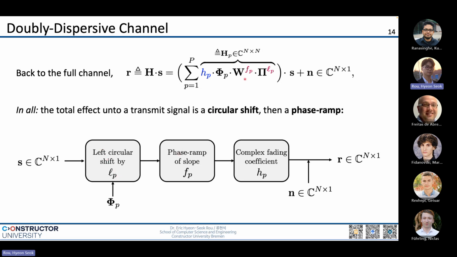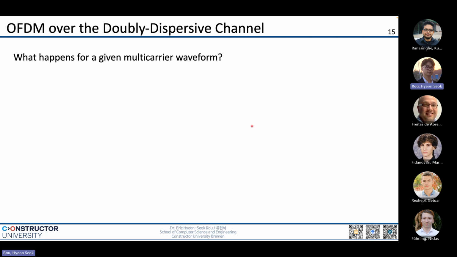This phase ramp is a diagonal matrix, and we apply this phase ramp of slope F of P. And then we apply the complex fading coefficient, and that added, of course, with the noise vector, gives us our received signal. This becomes very important later when we compare the input-output relationship of different waveforms. So we can see first a shift by the delay, a phase of F of P, the Doppler, and then a complex fading coefficient.